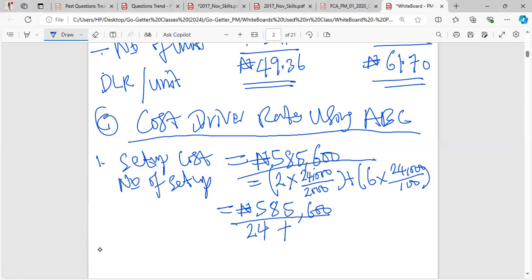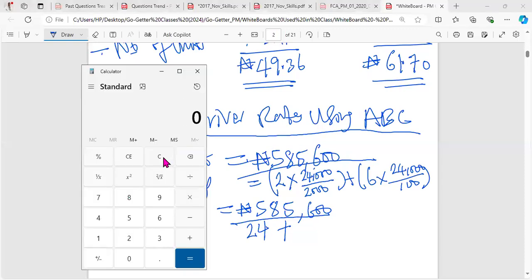Plus, let's do the second one. 24,000 divided by 100 gives me 240 crates or batches, and I'll multiply it by 6. That gives me 1,440.